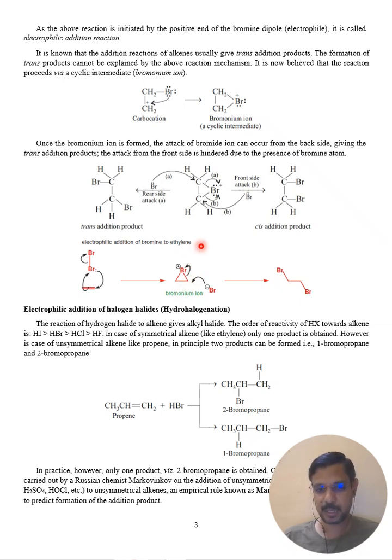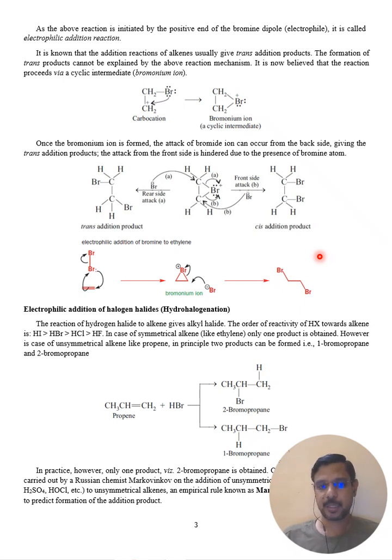When it attacks from the opposite direction, the Br plus goes in one direction and in the opposite direction the Br minus adds on the carbon. So finally you will see the trans product as you are seeing here, right? So this is a common mechanism for electrophilic addition. That is the reason all the addition reactions always give a trans product.